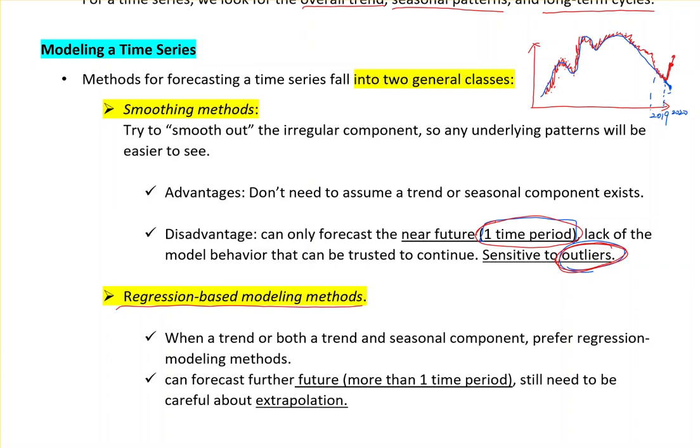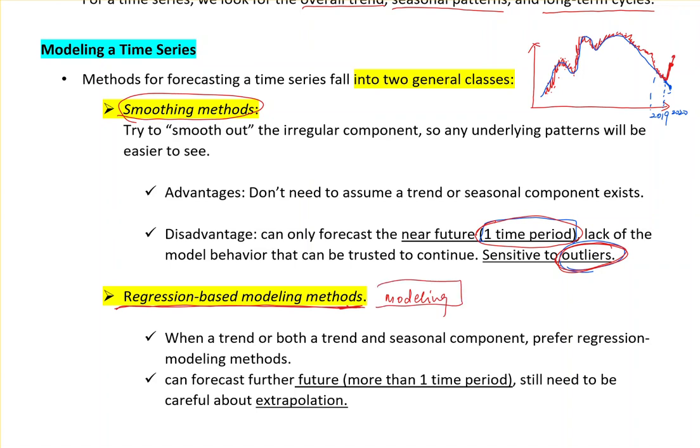We still need to use linear regression or multiple regression to model this time series. The smoothing method is just based on calculations from all these previous data, but this is based on the regression method, which is about modeling.